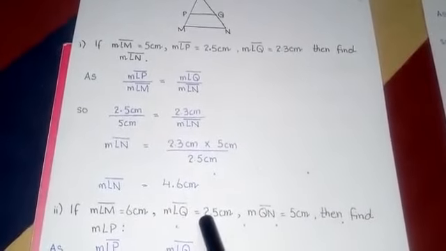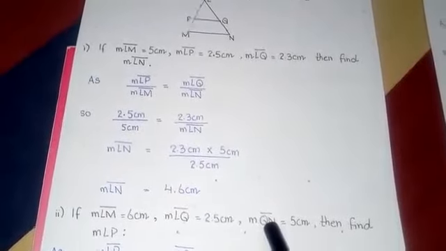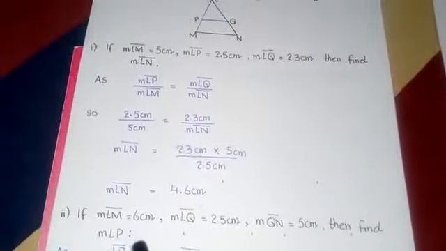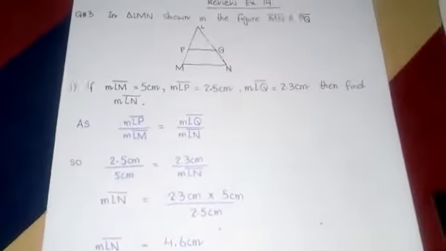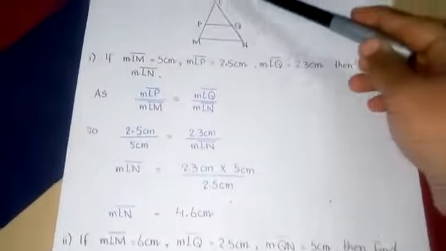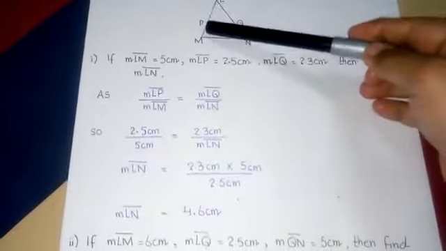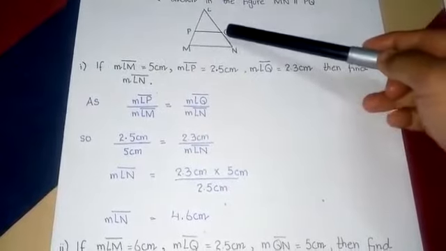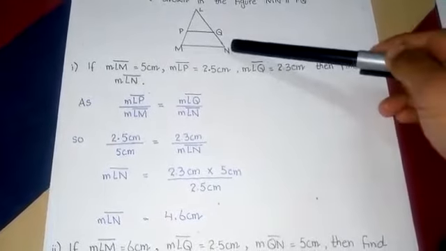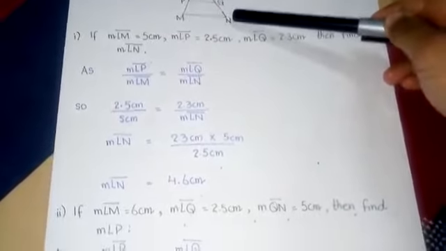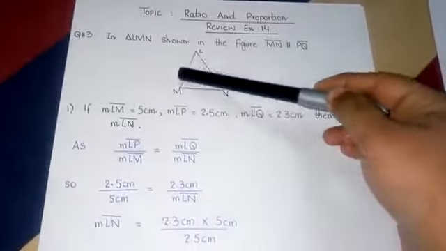Here LM is given, LQ is given, and QN is given, and we have to find LP. It means, first of all, let's see the diagram. What we have been given: LM, the whole value, LQ, this one, QN, this one, and we have to find LP.